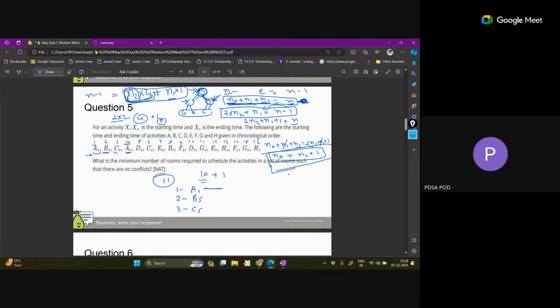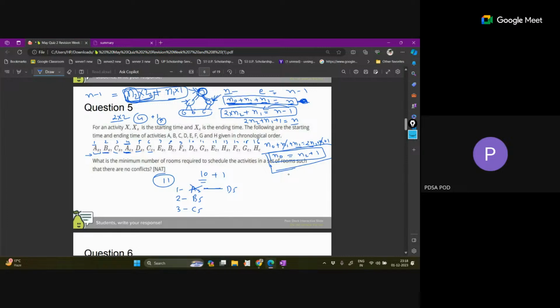Now AE is completed at time 4, so we can cross this out, that means room 1 is available now. DS has started, so we will use this room for DS. We will not use a new room, because AS is now completed.